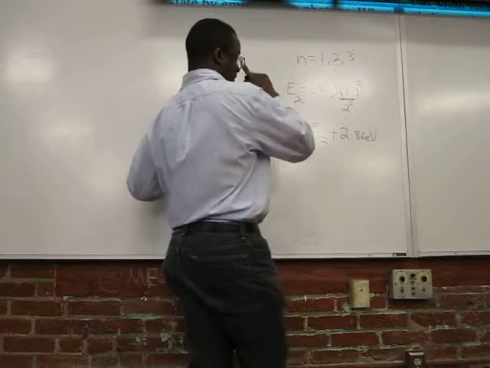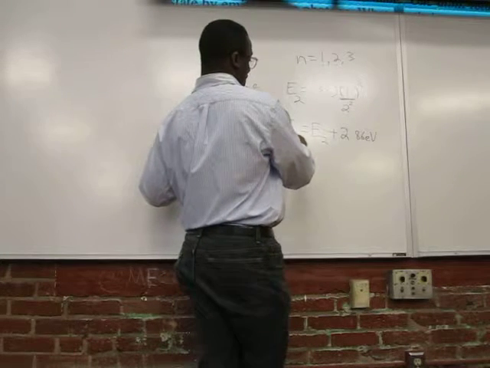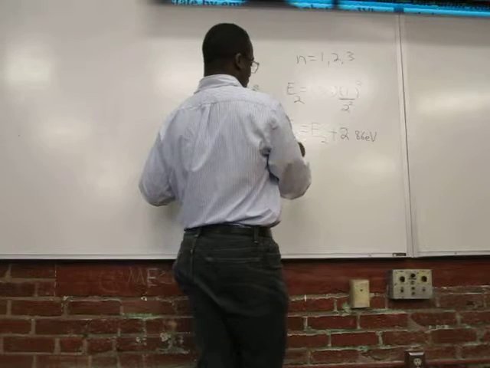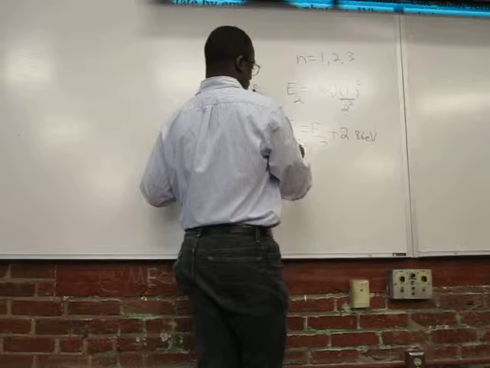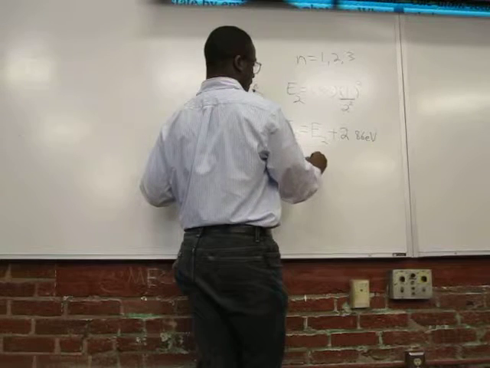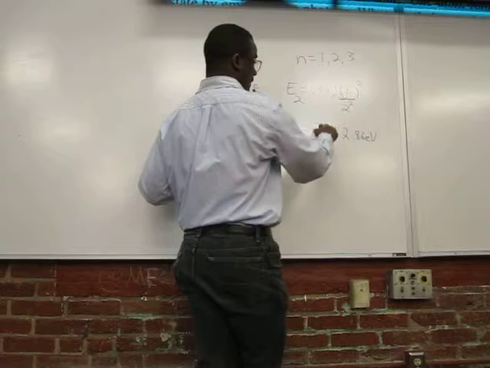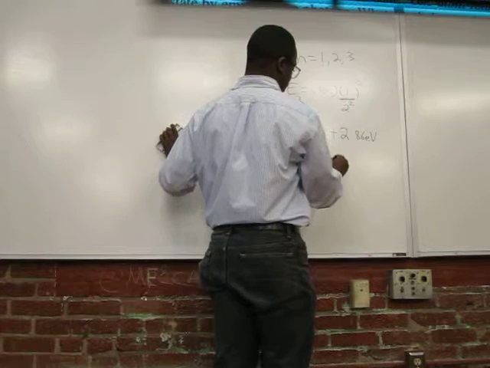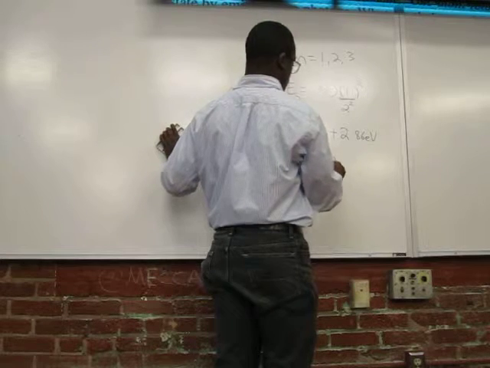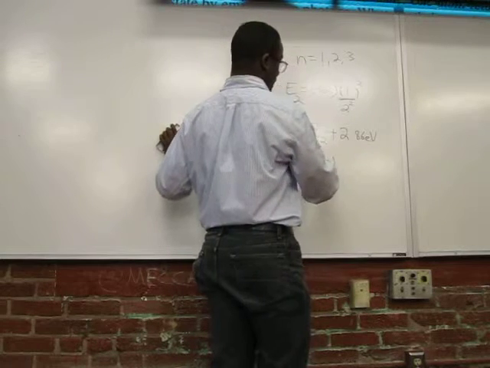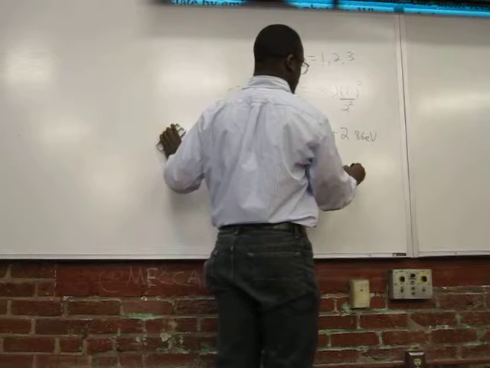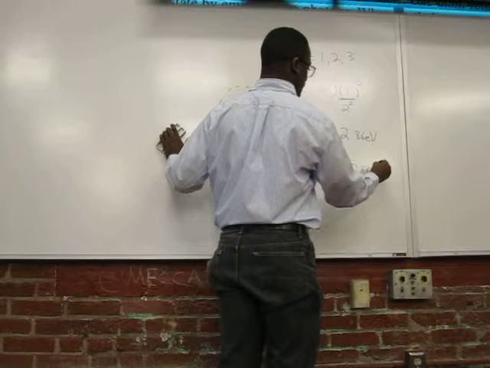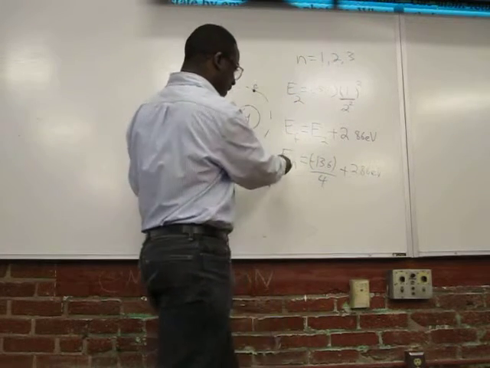Why don't we do this: let's describe EF in terms of its quantum number n, and let's go ahead and calculate what E2 is. So E2 is negative 13.6 over 4, plus 2.86 eV.